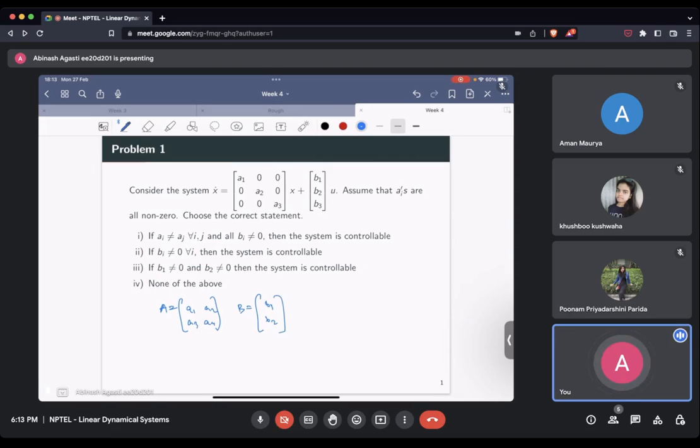So I'll take a particular special case. Right. Is this system controllable?